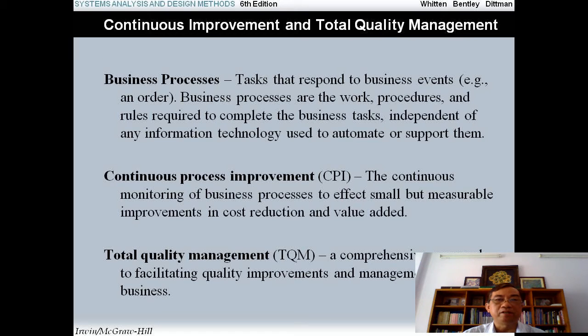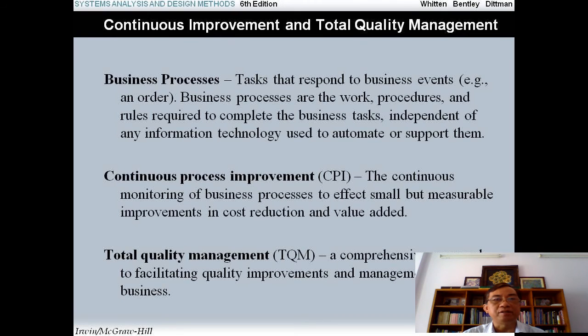Continuous process improvement (CPI) is the continuous monitoring of business processes to effect small but measurable improvements in cost reduction and value adding. Total quality management (TQM) is a comprehensive approach to facilitate quality improvement and management within a business.